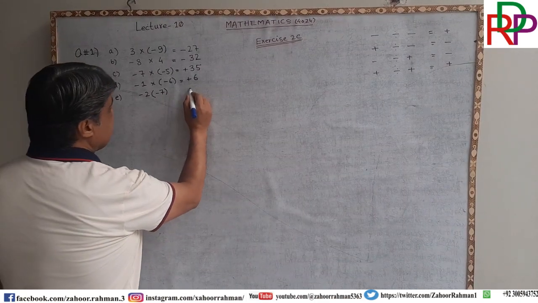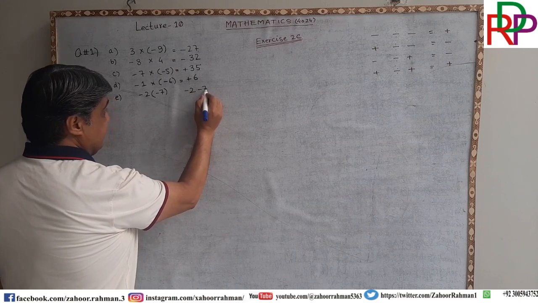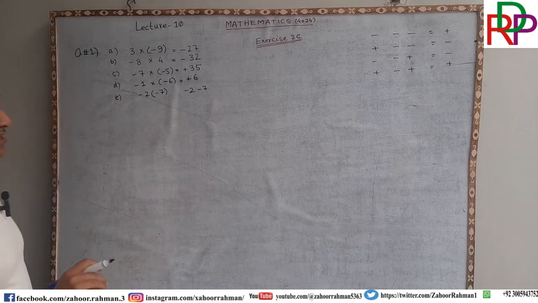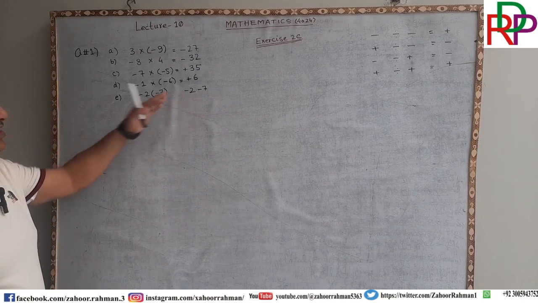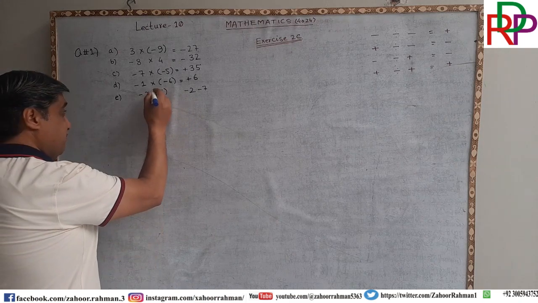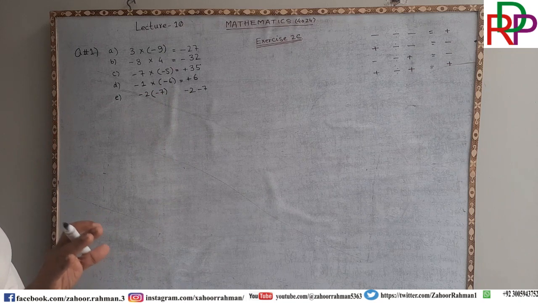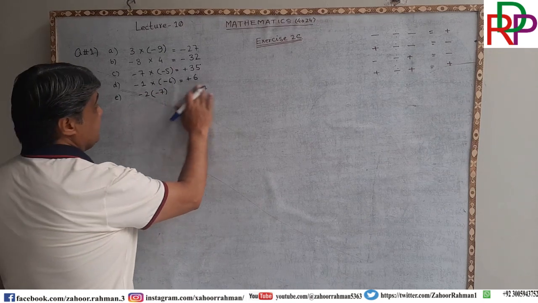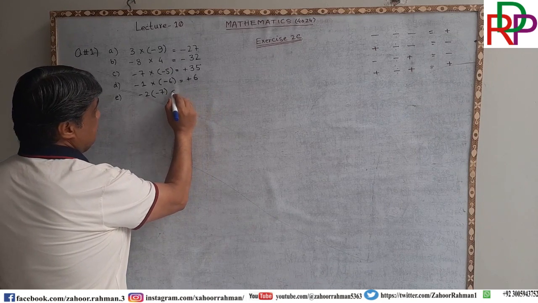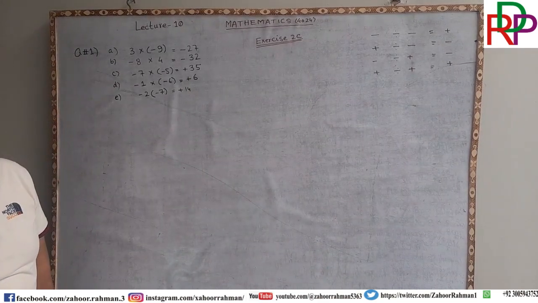If it was like this, minus 2 minus 7, with no brackets, it is simply addition or subtraction. But if this symbol is there, then it means this is multiplication. Minus and minus is equal to plus, and that is 14.